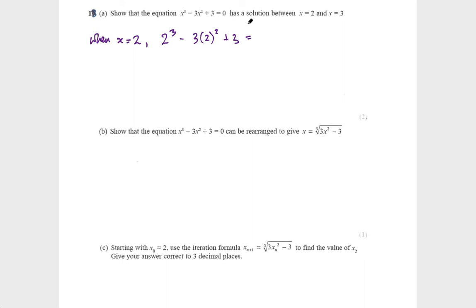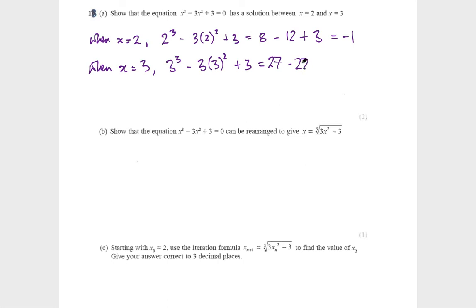It equals 8 minus 3 times 4 is 12, plus 3. So that is minus 1. When x equals 3, 3 cubed minus 3 lots of 3 squared plus 3 equals, you could do this all on your calculator, 27 minus 27 plus 3, so equals 3.